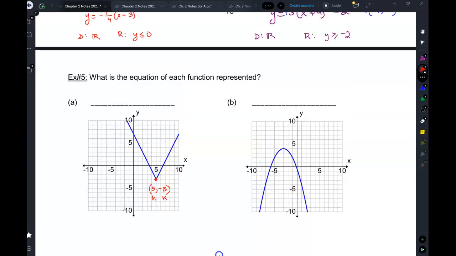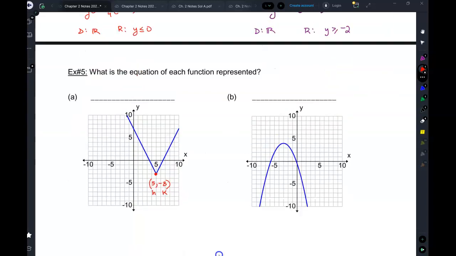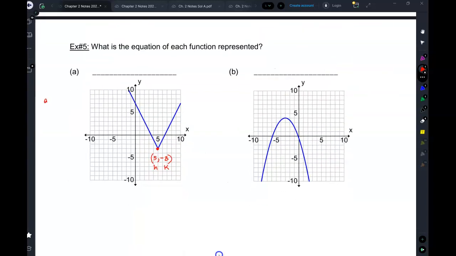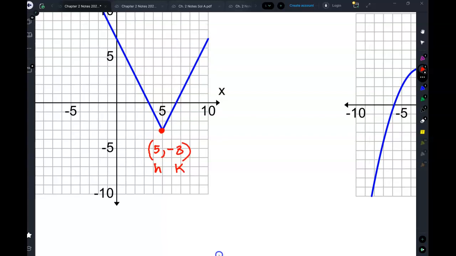Now, you are going to plug these into these formulas basically. When you have an absolute value, the a is basically the slope. So one point is going to be your vertex.